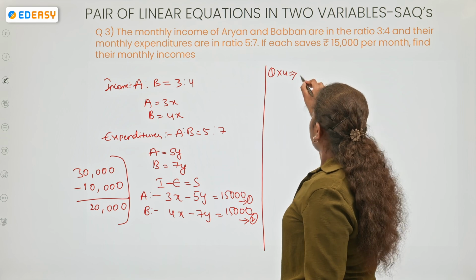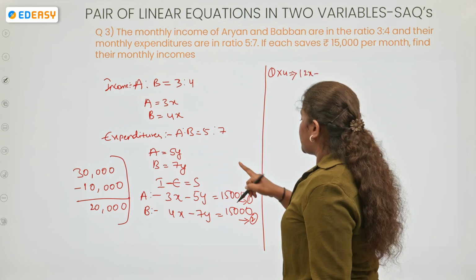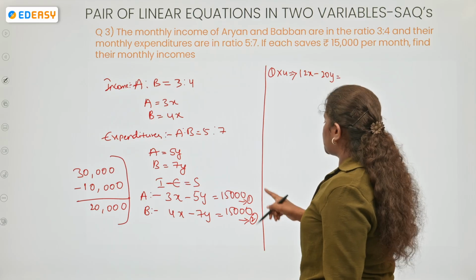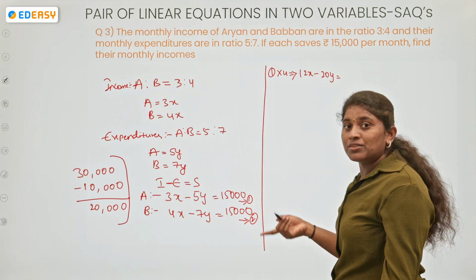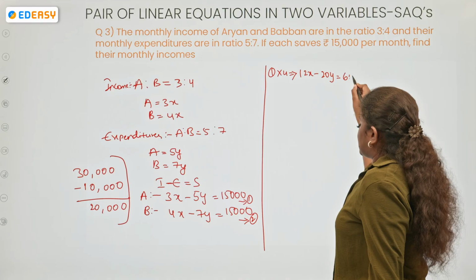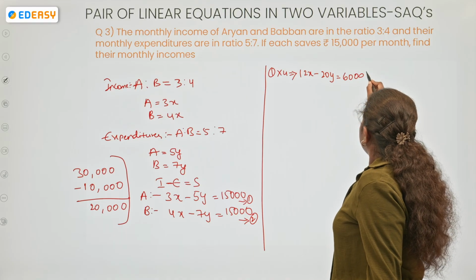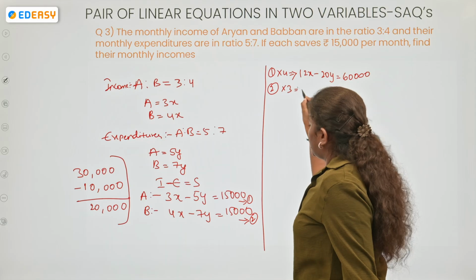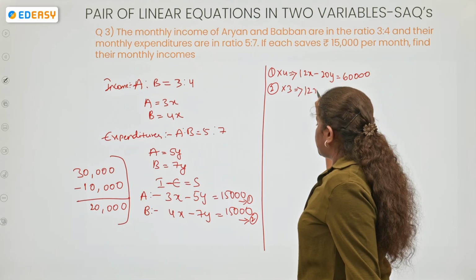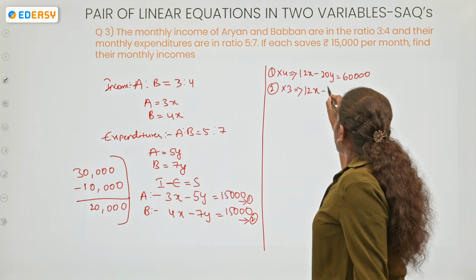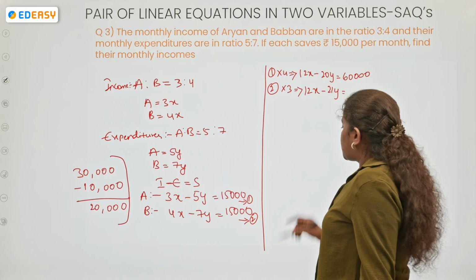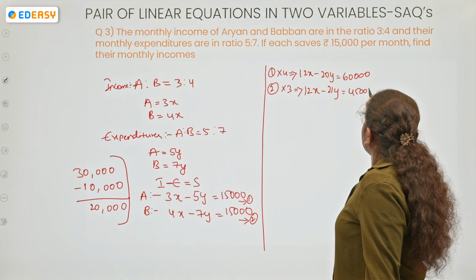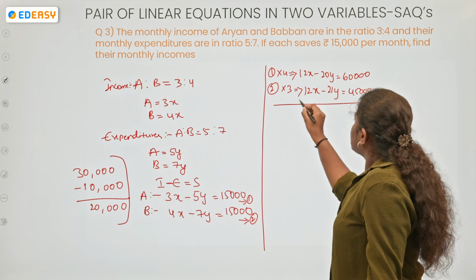Now 3 into 4, 12x, minus 4 fives are 20y, equals 4 into 15, that is 60, so 60,000. Next, equation 2 is multiplied by 3. Now 4 threes are 12x minus 3 sevens are 21y, equals 3 into 15, which gives 45,000.